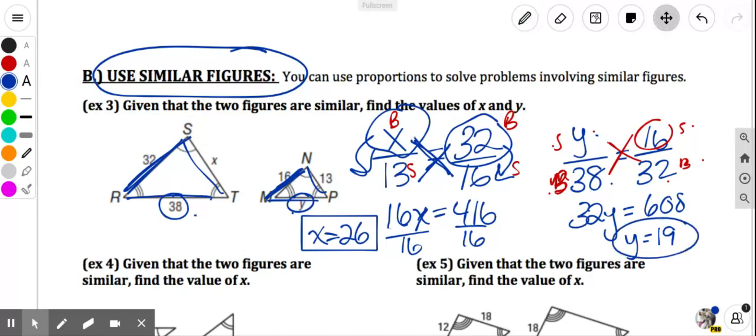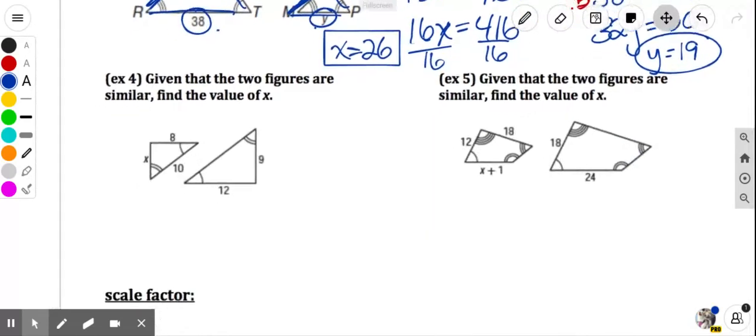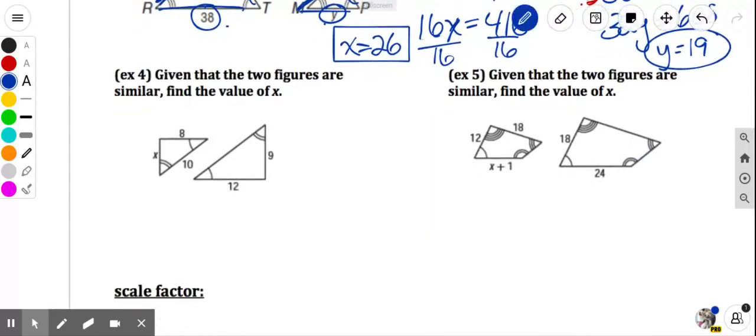We'll do two more real quick. Number 4, see my x I'm going to start with in my proportion. X corresponds to 9 based on the markings. Also, I should mention this only works if the figures are similar. So in all these directions, it tells us that the figures are similar, and that's why we're able to write these proportions. Anyway, so we have x and 9. I went small to big, so now I either have to pick 8 or 10 to match up with 12.